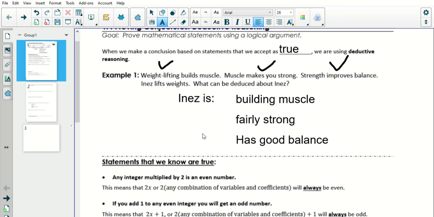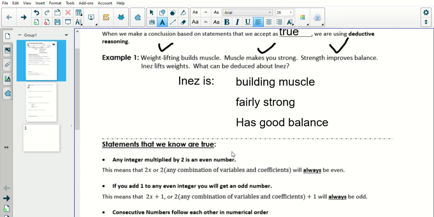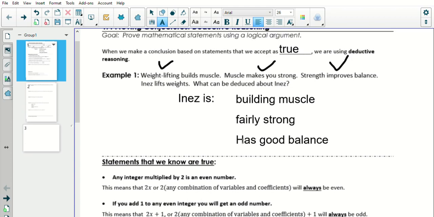Okay, so if we work together, we have to change this into some math. We're going to create some true statements about math. In math, we talk about even numbers, and everyone knows what an even number is, right?